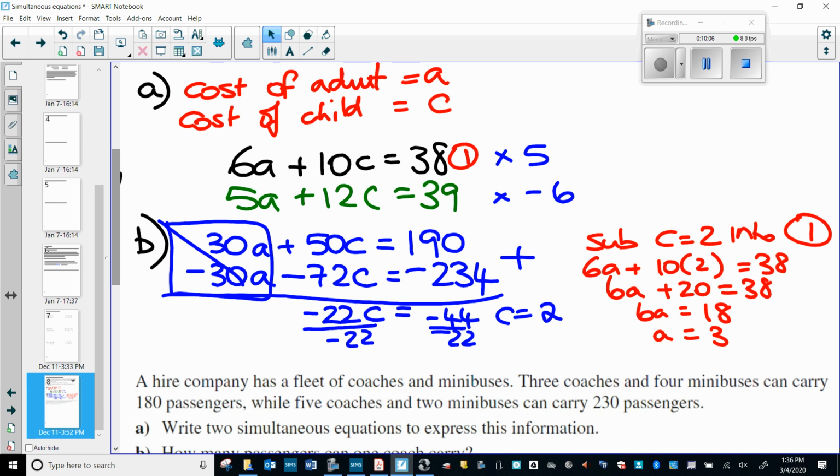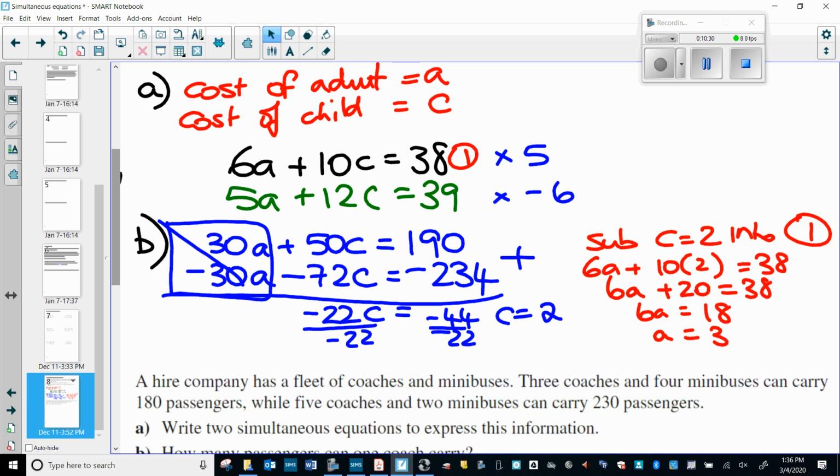You can't have A being one number in one equation and A being something else in the other. So actually what would happen is that you could substitute both of these two numbers into this green one, and you should get 39. It should be that 5 lots of 3 plus 12 lots of 2 gives us 39. And if it doesn't, then you've done it wrong.